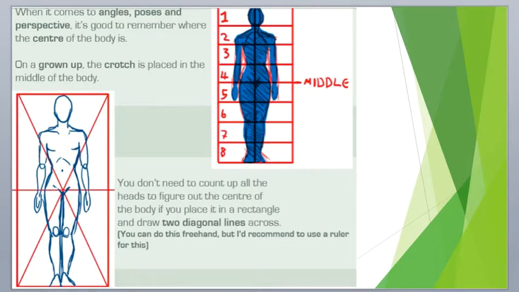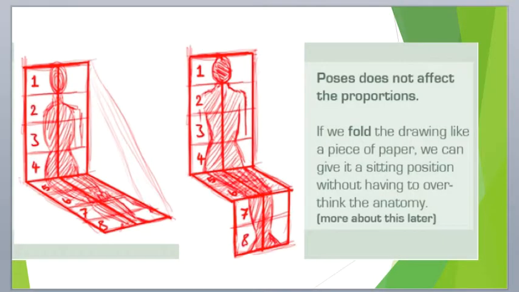Another thing I want you to be aware of is that when you're drawing somebody who is not standing up, maybe they're sitting down, the pose does not affect the proportion of the body. Pretend you have a real body and then a drawing of yours.